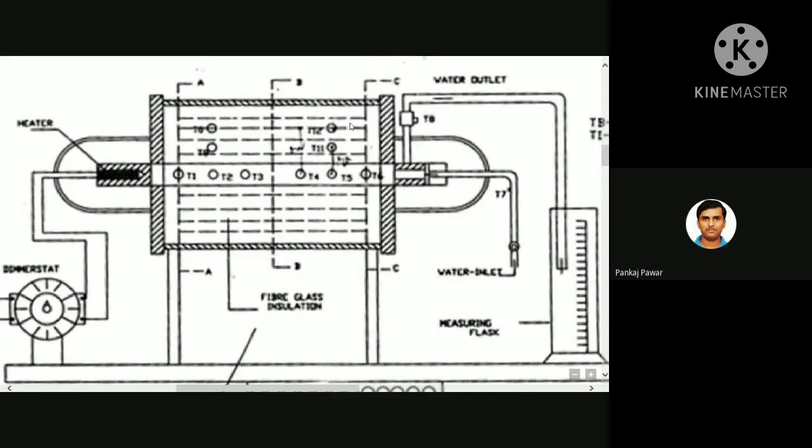Similarly, T10 and T12 are located at a distance of 75 mm from the center of the metal rod, in the AA, BB section and BB and CC section respectively. So these thermocouples T9 to T12 are located in the insulating material to calculate the heat flow in the radial direction.